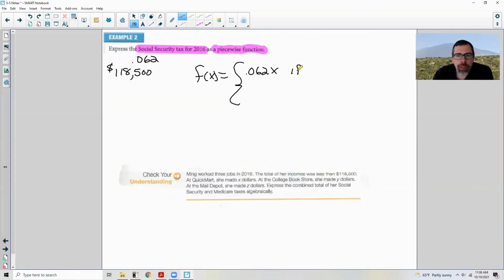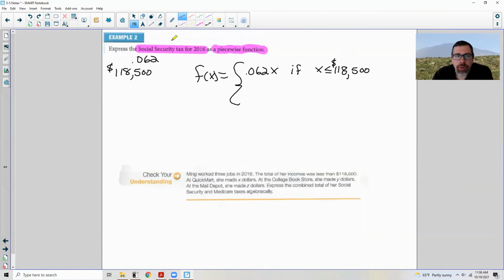But that is going to be if our income is less than or equal to $118,500. So if we make less than this or equal to it, it will take 6.2% from us. So 0.062 of our income, if this.